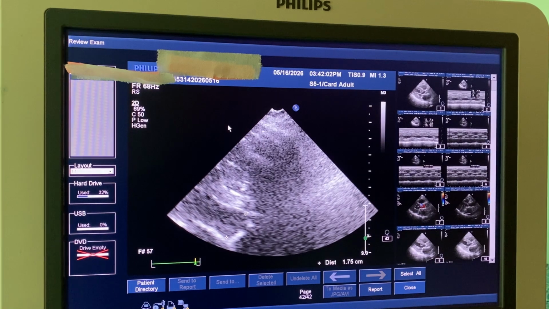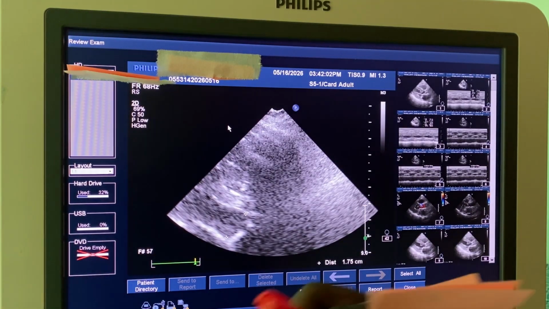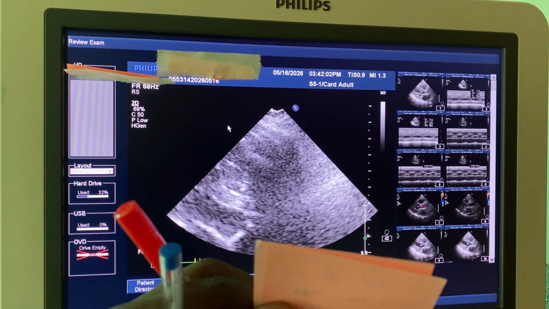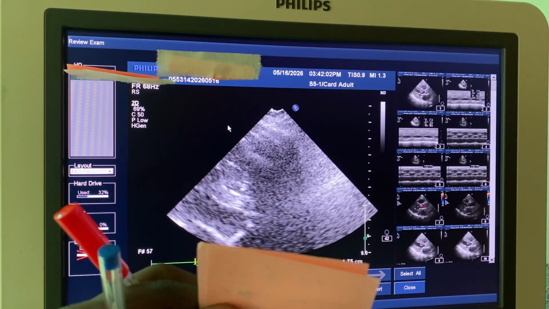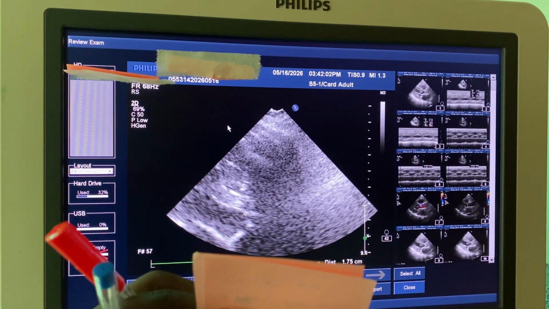The LVOT VTI. I did save the clip, but we measured the LVOT VTI. This is in centimeters. LVOT VTI, we measured it as 22.3.